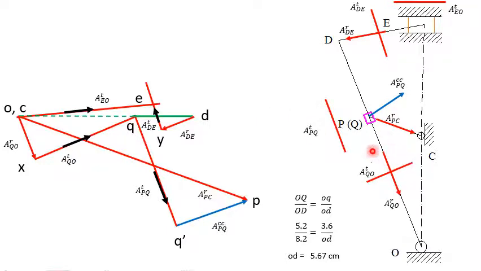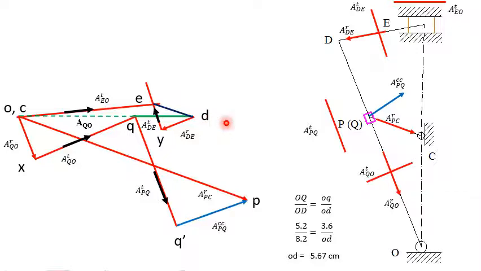So here we have two sets of acceleration, one tangential and another radial. Therefore, we have to connect OQ. So here we have the OQ connection. This line represents the total acceleration of OQ. Similarly, here also we have two accelerations, radial and tangential. In order to find the total or resultant acceleration, we have to connect DE.